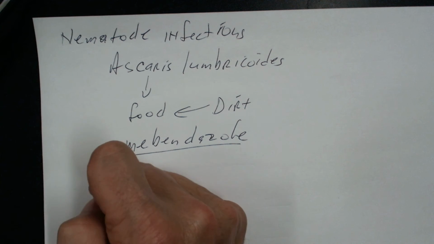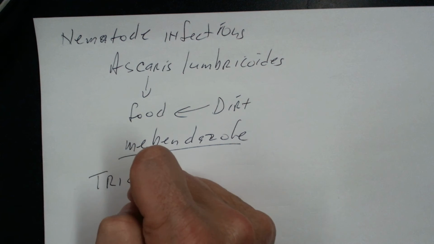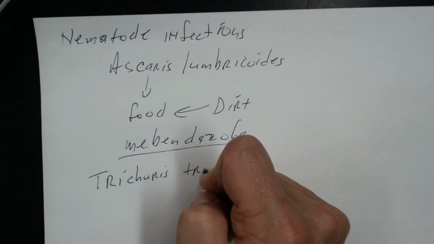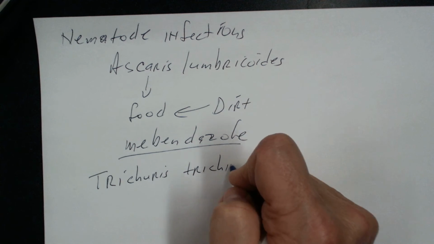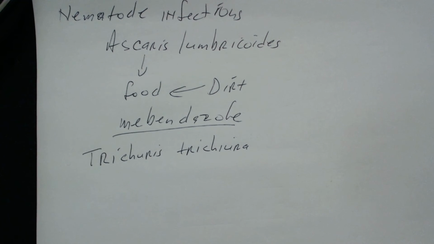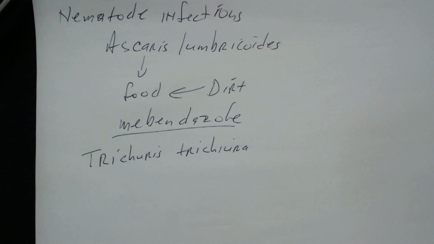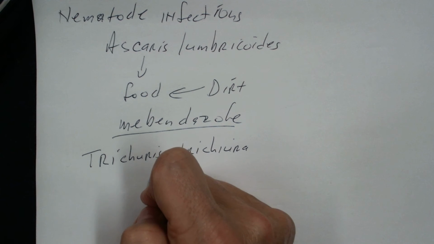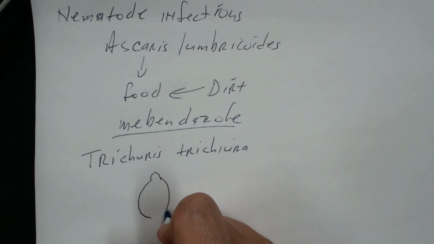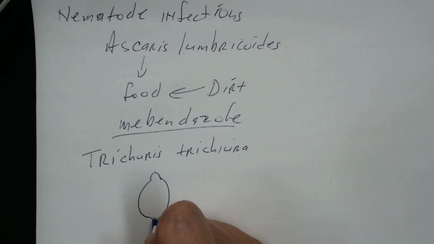The whipworm, Trichuris, you get this again from consuming things contaminated with dirt, water contaminated with feces. These will make an egg. The egg has this bipolar appearance.